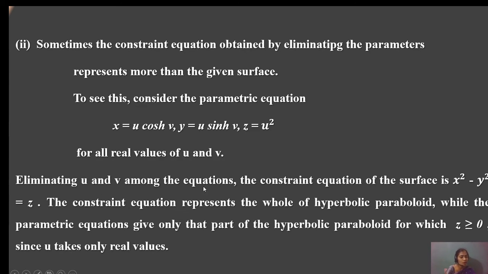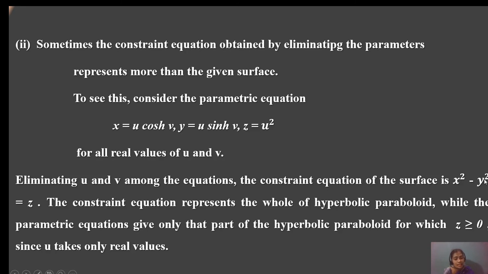Eliminate u and v among the equations. The constant equation is x square minus y square equals z. The constant equation represents a hyperbolic paraboloid, while the parametric equations give only part of the hyperbolic paraboloid, since z is always greater than or equal to 0.